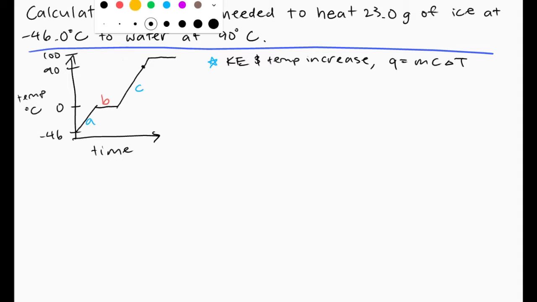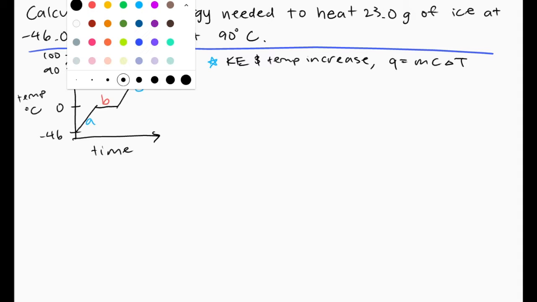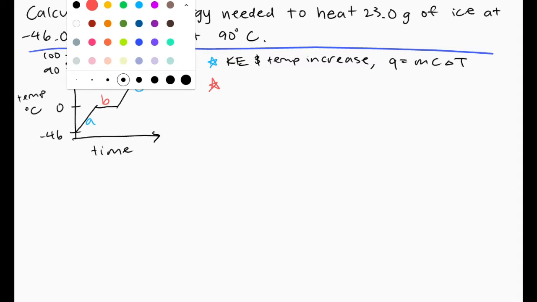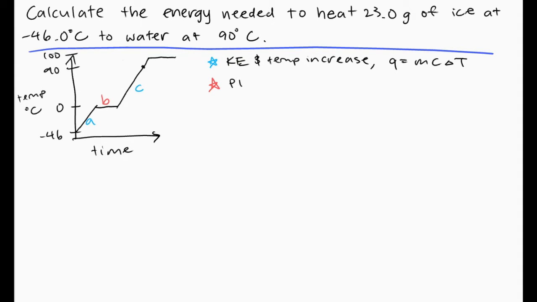But in B, it's actually the potential energy that's increasing, and the kinetic energy and temperature don't. So we use the equation heat equals delta H times moles.